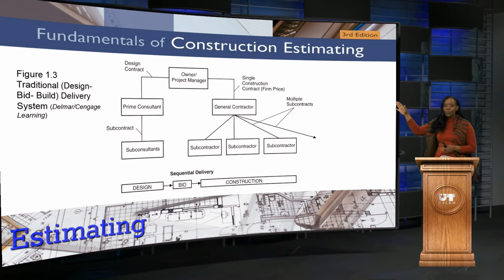It shows you the owner at the very top, and it goes over to the side where it's talking about the architect, even though it says prime consultant. But we're talking about pretty much the design side. And then you go to the other side, it's talking about the construction side, and then the subcontractors that come into place with that.